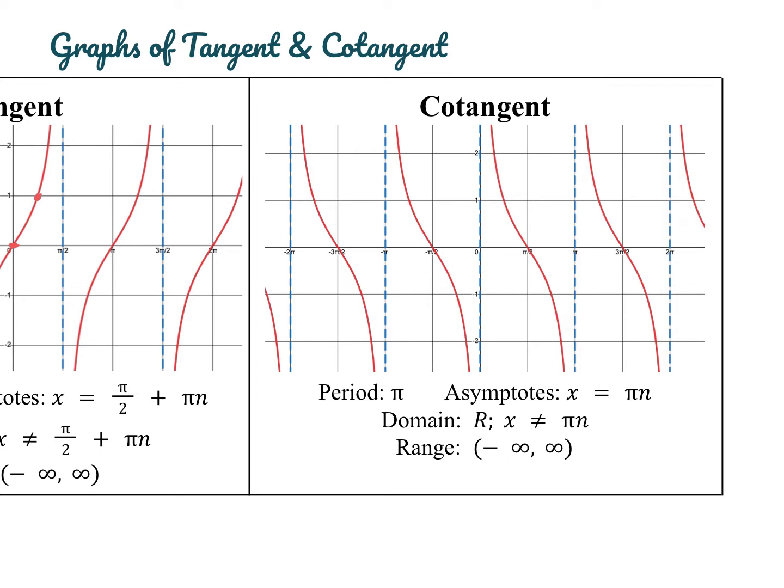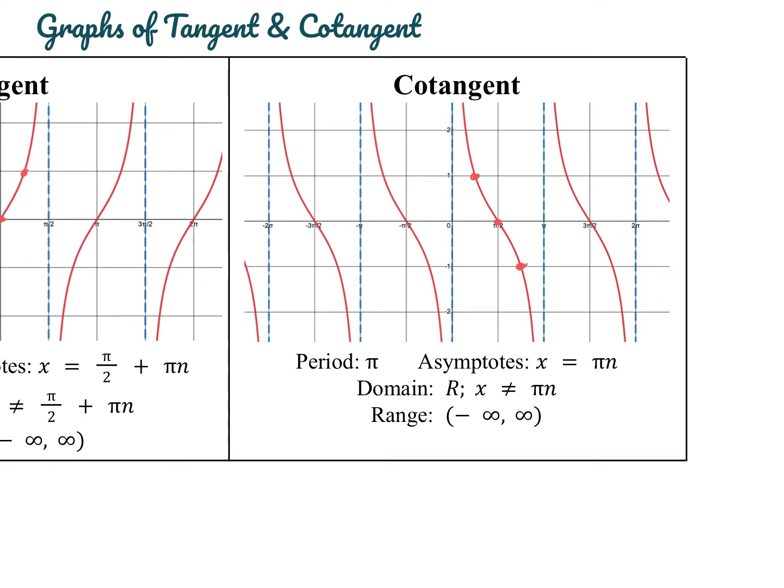Within each boundary, we have a decreasing graph. I like to use the same key points: pi over 4, 1, pi over 2, 0, and 3 pi over 4, negative 1. You can repeat that pattern in each boundary.